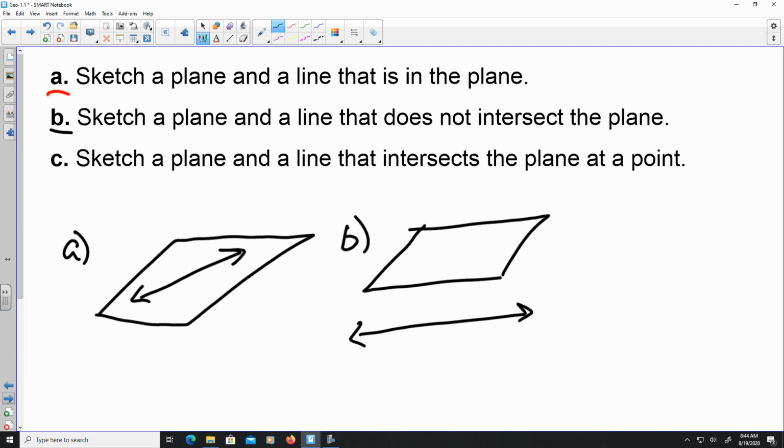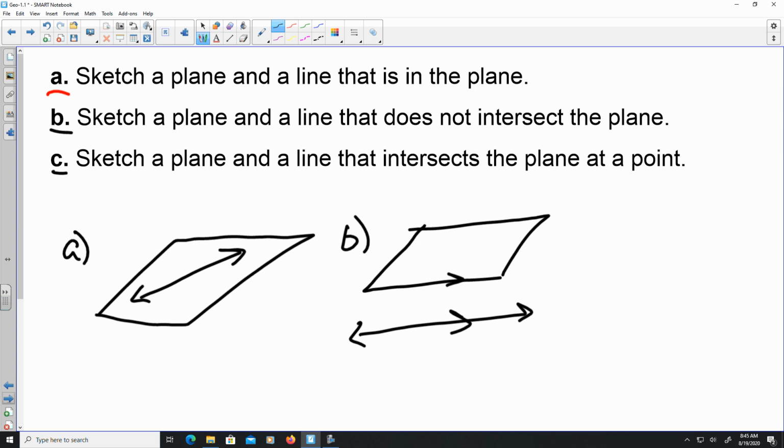So there you go, a plane and a line that does not intersect the plane. You could make an argument that they're perpendicular. If we get into more, you could say something like this. This is like a sign that shows that they're parallel, so that means they don't intersect.